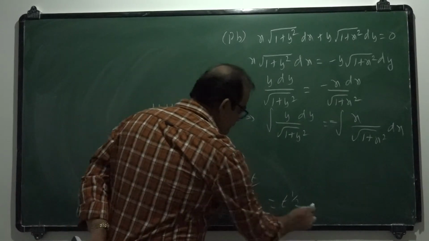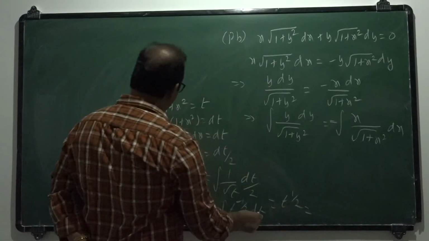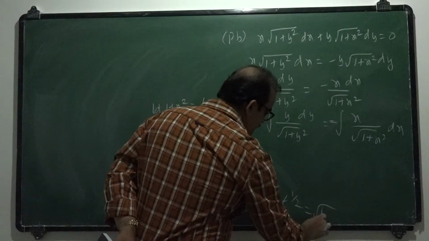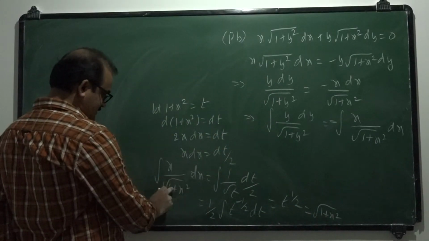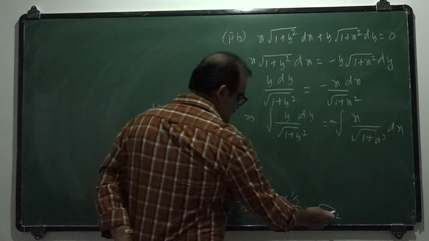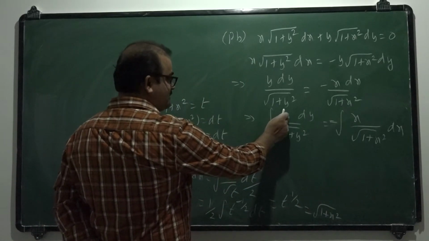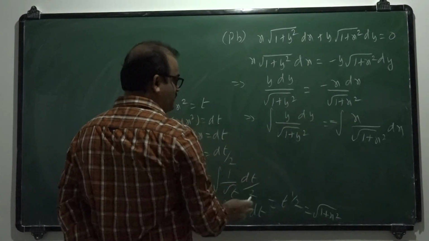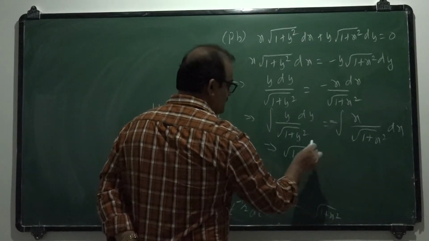But what is t? 1 plus x square. T power 1 by 2, that is root of 1 plus x square. So integral x dx by root 1 plus x square is root 1 plus x square. Similarly, what is integral y by root 1 plus y square dy? Root of 1 plus y square.